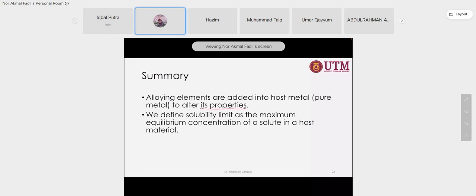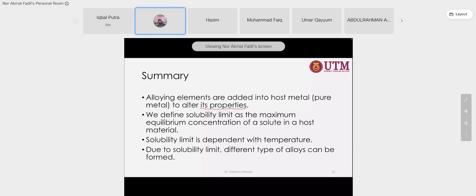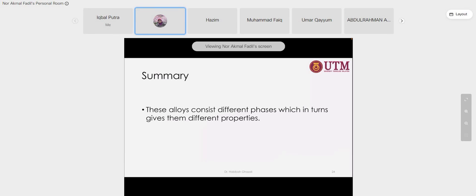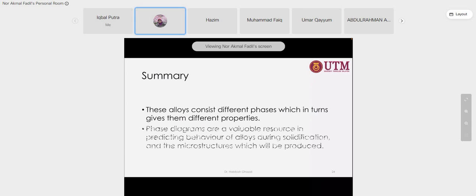We define the solubility limit as the maximum equilibrium concentration of solute in a host material, and the solubility limit depends on temperature. Like sugar water, if you increase the temperature, you can add more sugar. Due to the solubility limit, different types of alloy can be formed. These alloys consist of different phases, which in turn give them different properties.